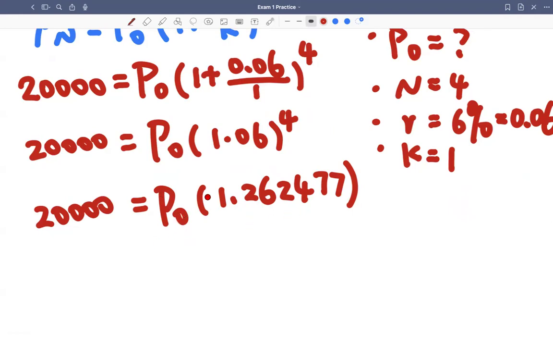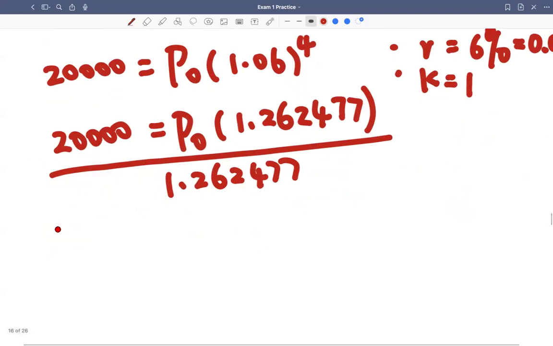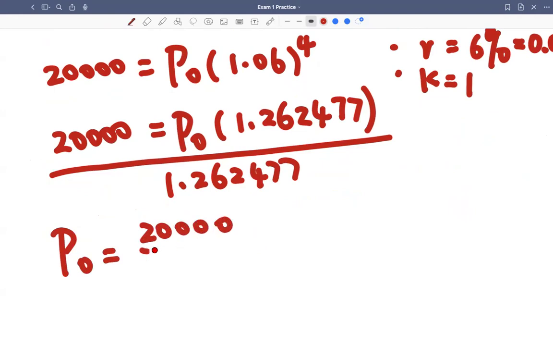Now I have P naught multiplied by this number equals 20,000. So I'm going to divide both sides by this number, 1.262477. So that is P naught equals 20,000 divided by 1.262477.